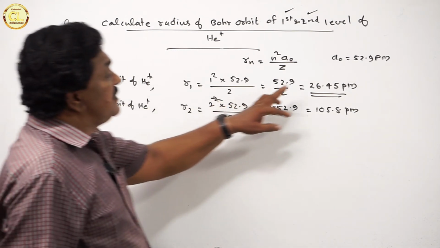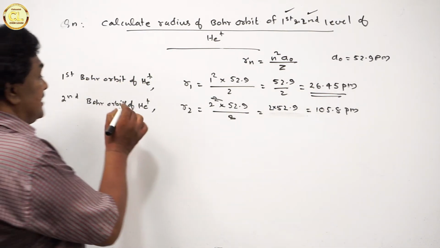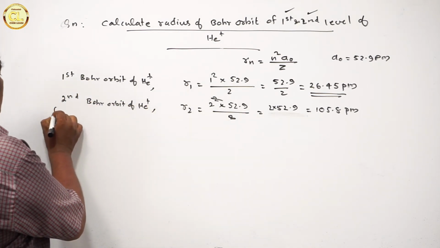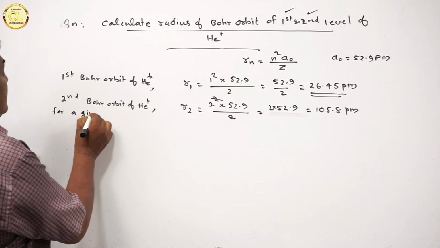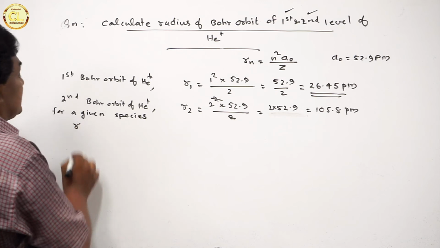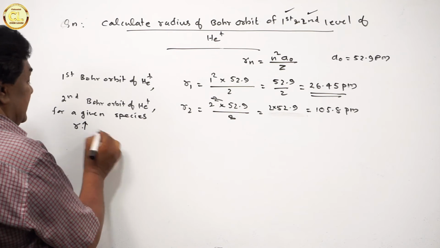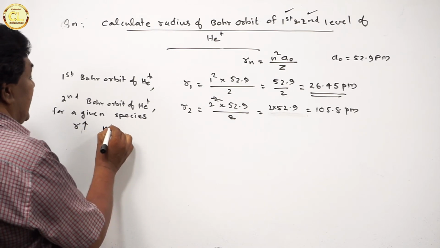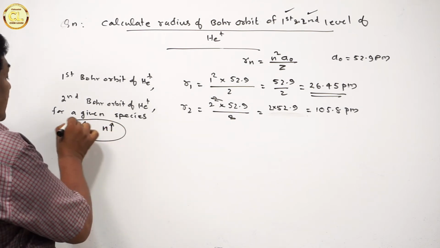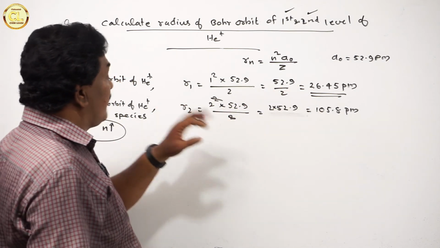See, from these two radius values, it is clear that for a given species, the radius increases as the value of n increases.